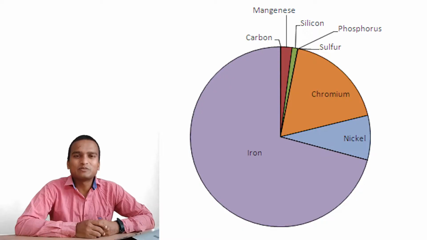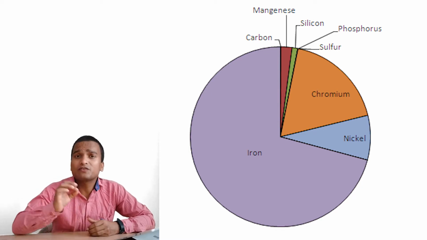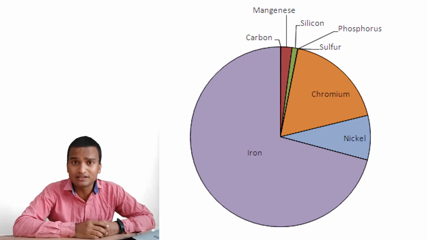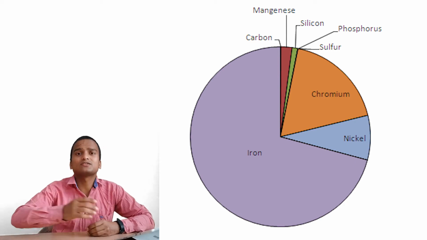So basically, if we see, steel is an alloy of iron. When carbon in very small quantities is mixed with iron, steel is obtained. And after addition of carbon, the mechanical properties of iron are significantly changed.